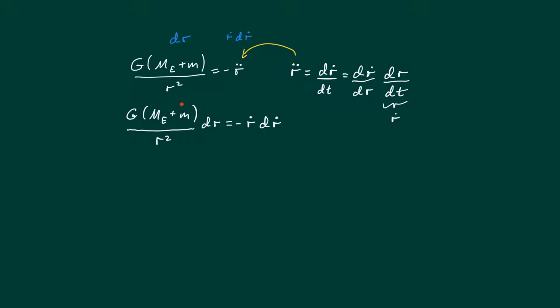So on the left hand side our integration limits will be from the initial radius r0 up to our final radius, let's call it r. And on the right hand side we start with a velocity r0 dot, and we'll end up with a final velocity r dot. And here we assume the starting velocity to be 0.